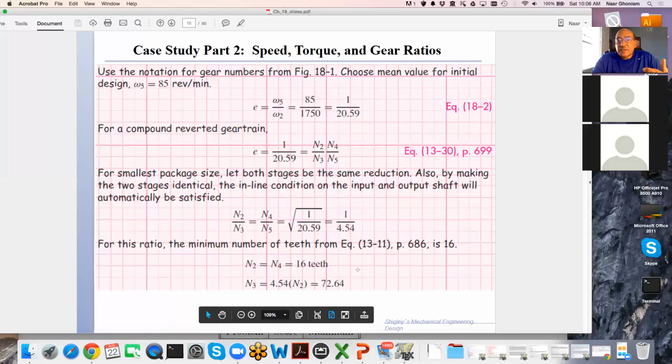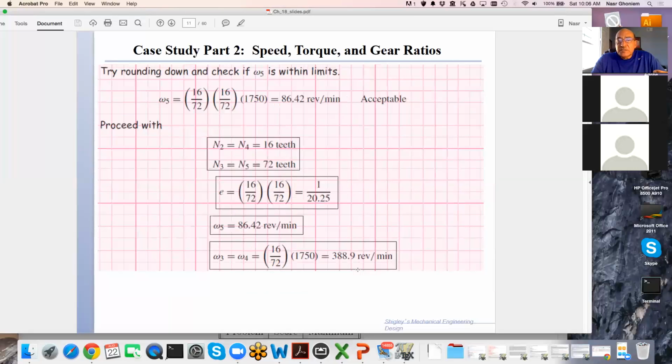Obviously, that's not going to be a good choice, so you have to approximate it to the next level up or down, so 72 here, and therefore you can get an acceptable output RPM. So we're done now with the teeth. We've determined the number of teeth, the input RPM, the output RPM, and how it splits.